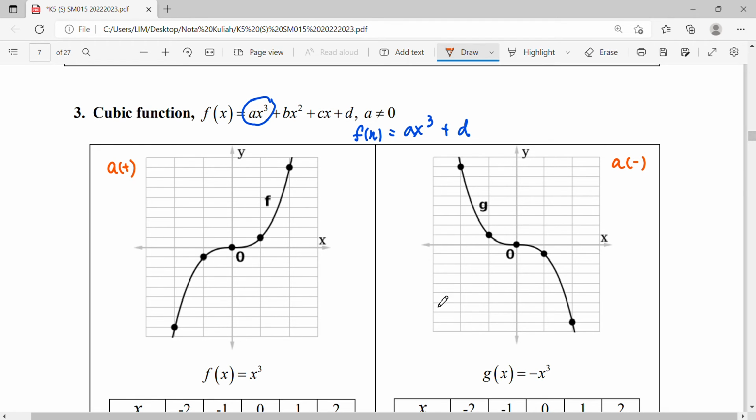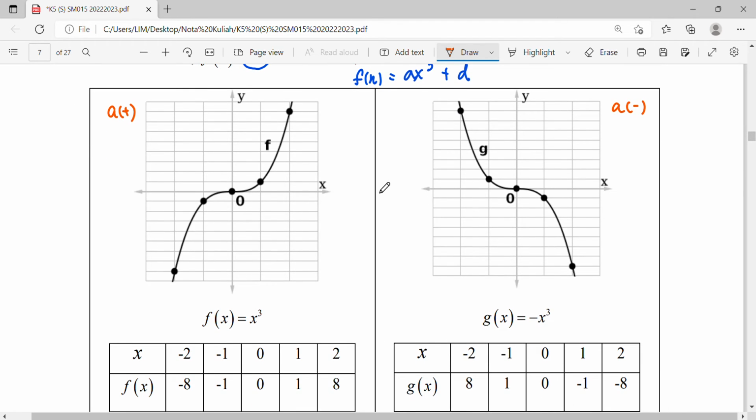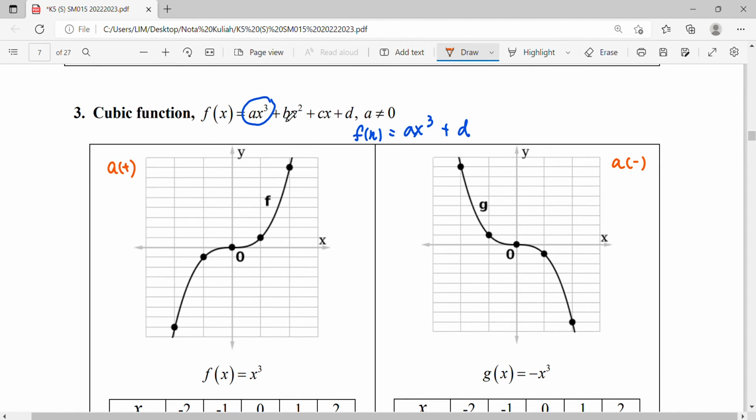Alright, so this is basically it, or we can use our calculator to find out our roots. So you can use your calculator, key in your equation, find your mode of equation.